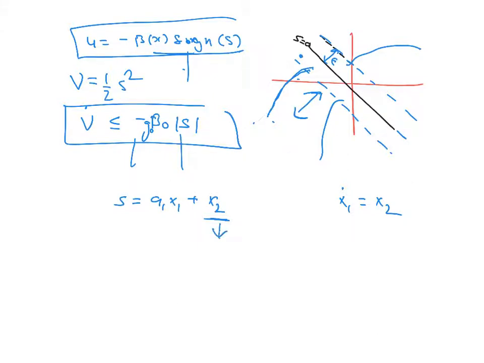So I can write s equals a1 x1 plus x1 dot. What is x1 dot now? x1 dot will be minus a1 x1 plus s.